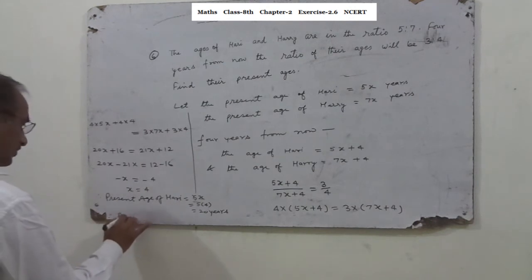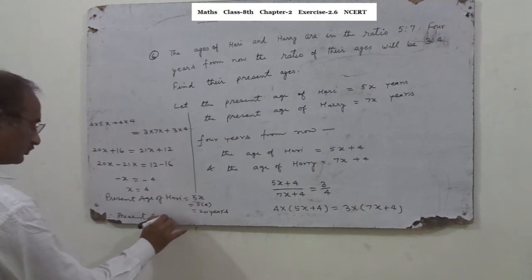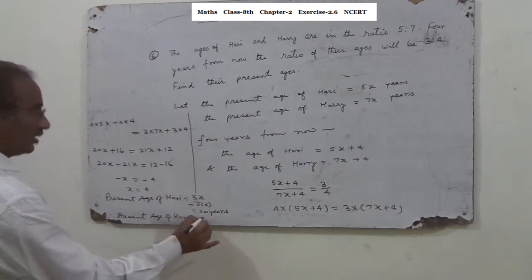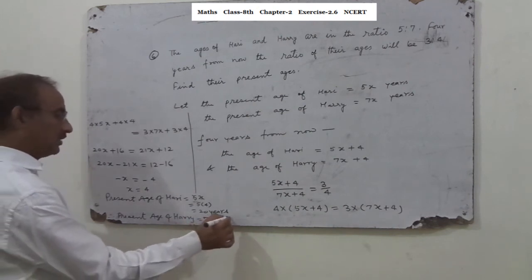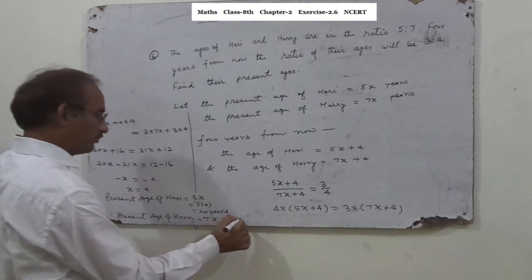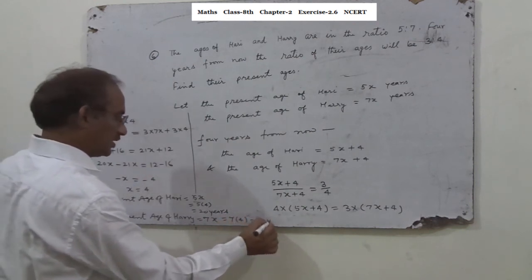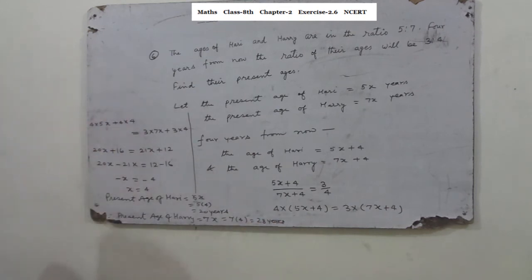Similarly, present age of Harry is 7x, so it will be 7 into 4, it is 28 years. These are our answers.